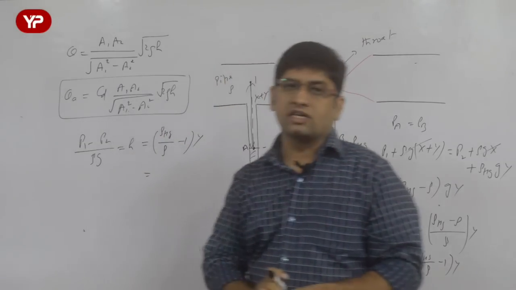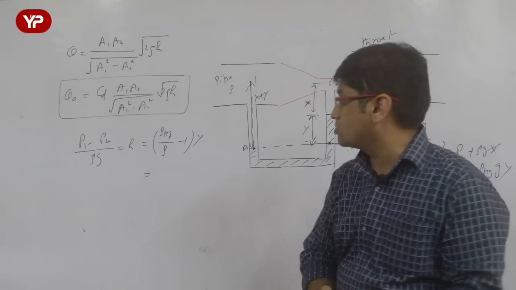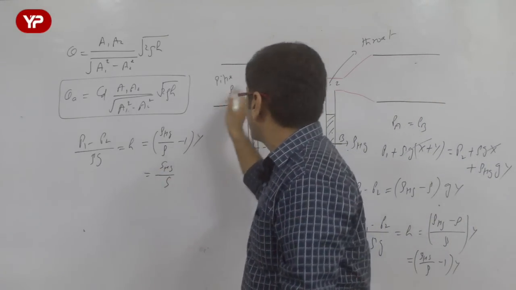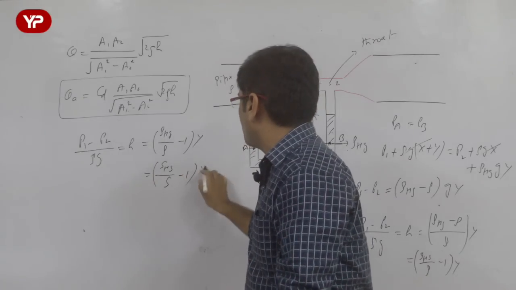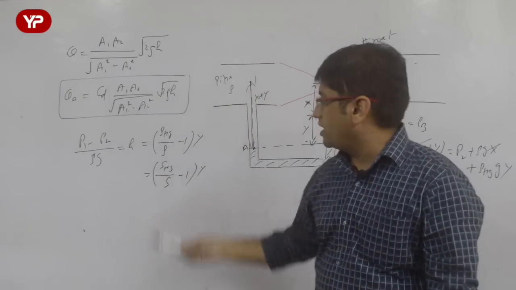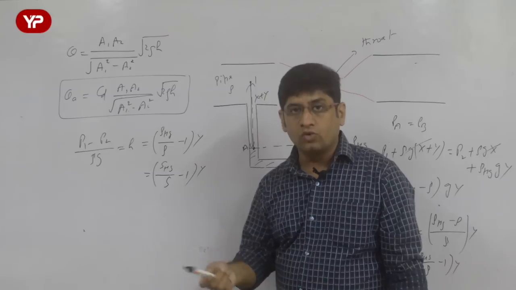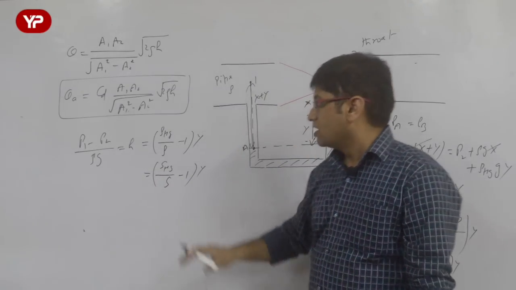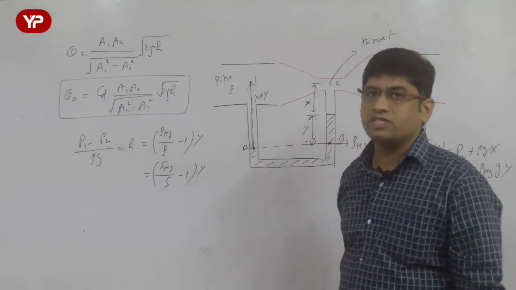Instead of density, I can also write this expression in terms of specific gravity. That means (specific gravity of mercury over specific gravity of the fluid which is flowing, minus 1) into y. All I need to do is divide rho mercury and rho by rho water, and then I get the specific gravity of these two fluids. So that is going to give me the h value which I want to put.